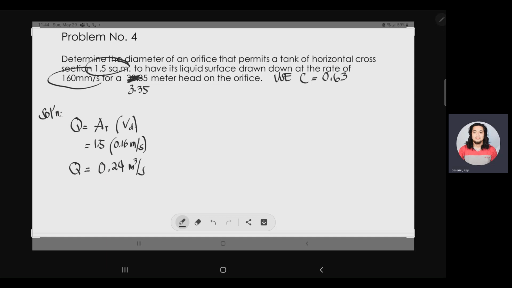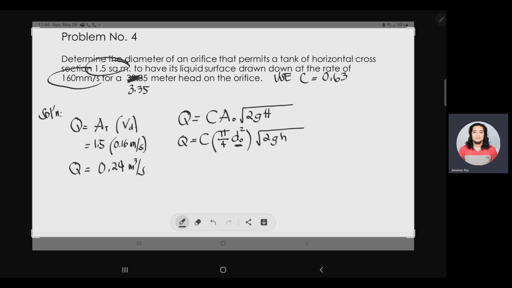So, next, kukunin natin yung ating diameter, di ba? Di-determine natin yung ating diameter doon sa ating orifice. Ang gagamitin natin na formula is yung discharge is equals to coefficient of discharge times area doon sa orifice times square root of 2gH. Expand natin: discharge is equals to coefficient of discharge times pi over 4 d of the orifice squared times square root of 2gH.